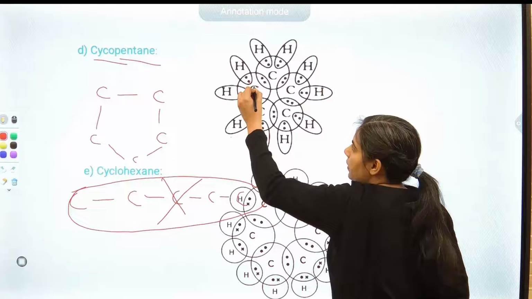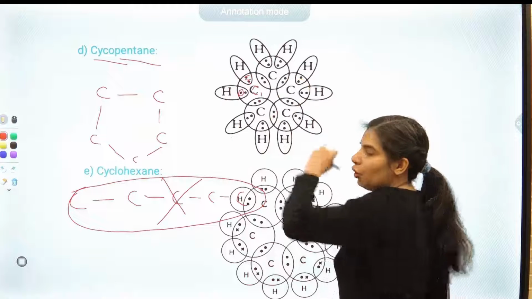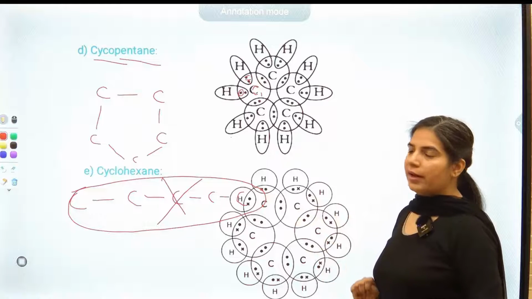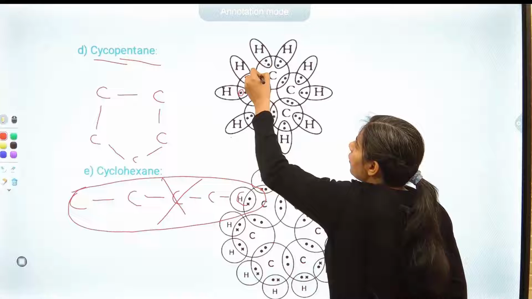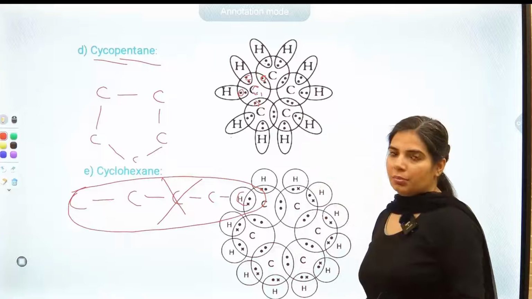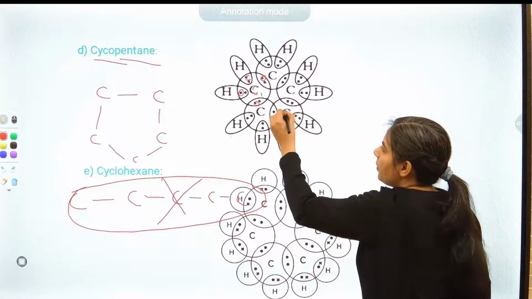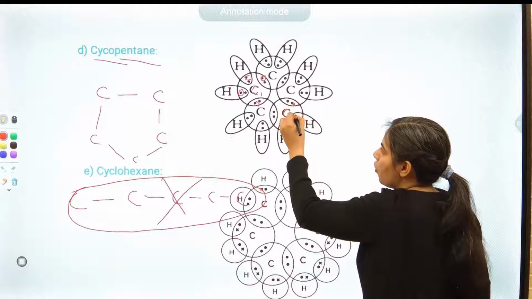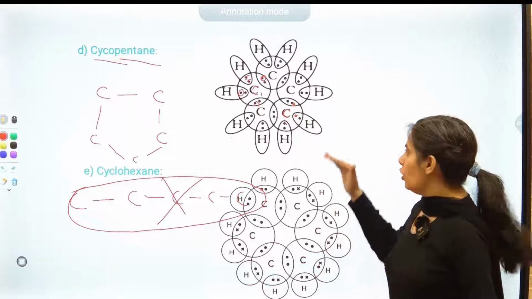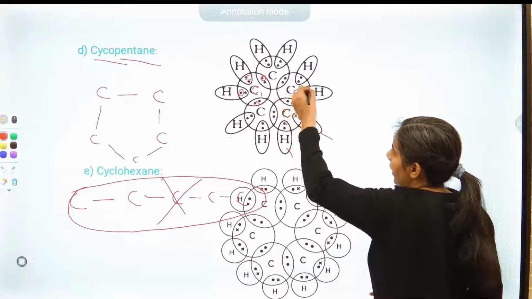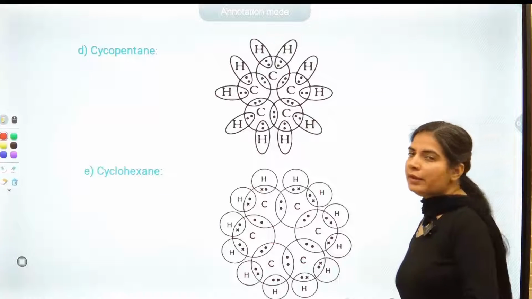Here, in that case, carbon is sharing 2 electrons from the hydrogen and 2 electrons from the neighboring carbon. Same in that case, each carbon is having 4 electrons of their own and sharing 4 electrons from 2 hydrogen and 2 carbons.